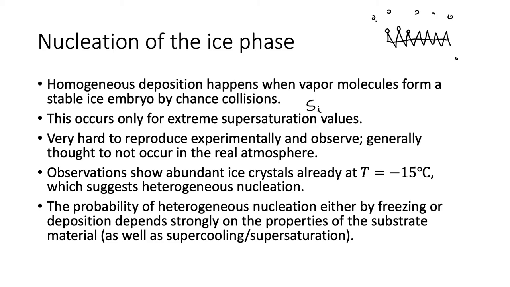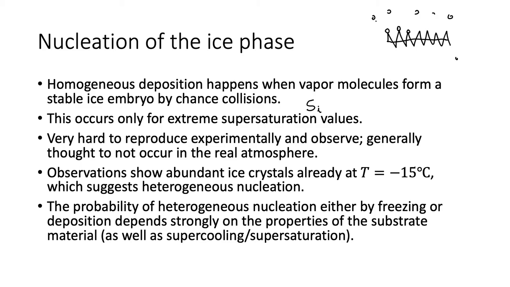Okay, so we have two modes to build ice crystals that we discussed so far. We have homogeneous nucleation of ice and vapor deposition, or direct deposition. Both these two are quite uncommon in the atmosphere, okay? So this suggests that the most common way is, like for liquid water, heterogeneous freezing, okay?